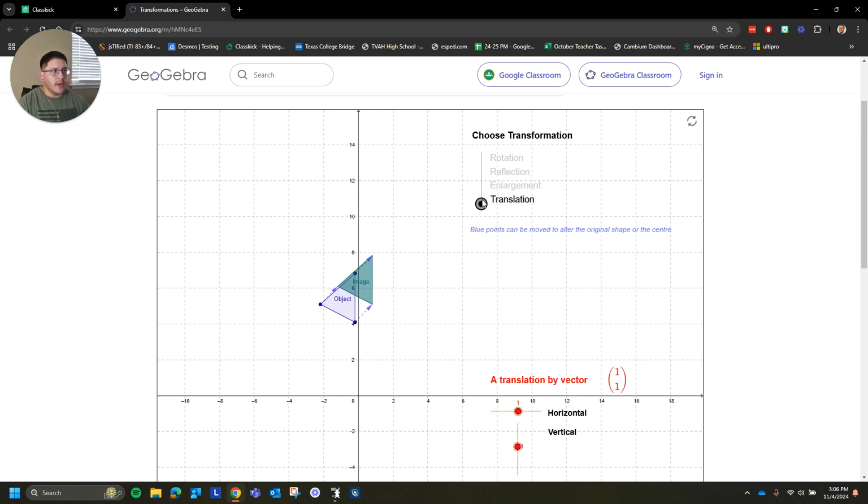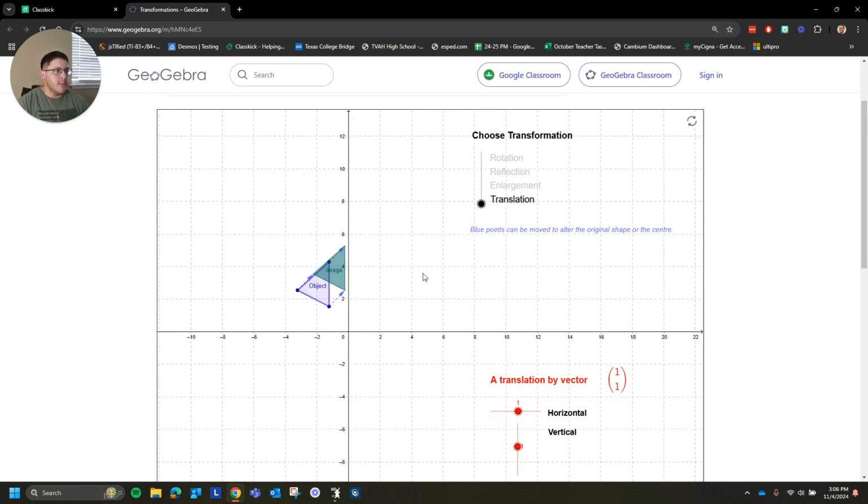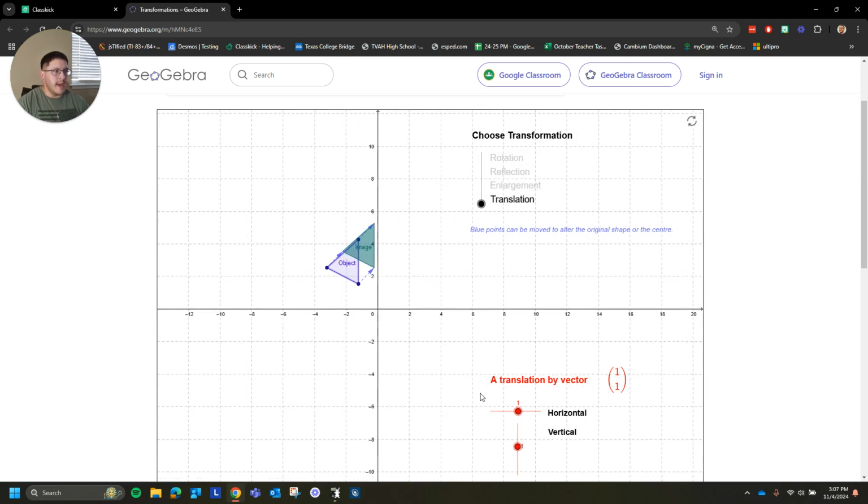Then the last one, translation. You have the object, you have the image. You can move the image by the horizontal slider or the vertical slider to mess around with translation.